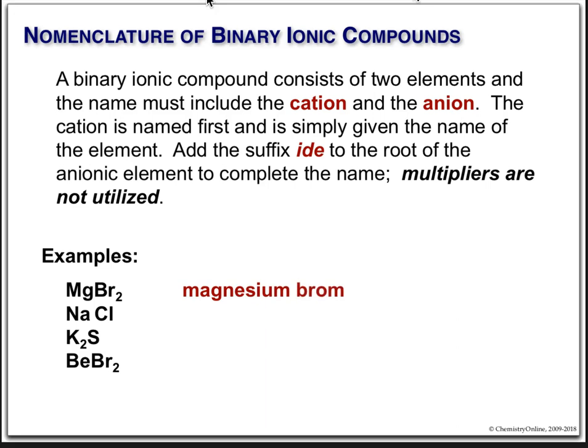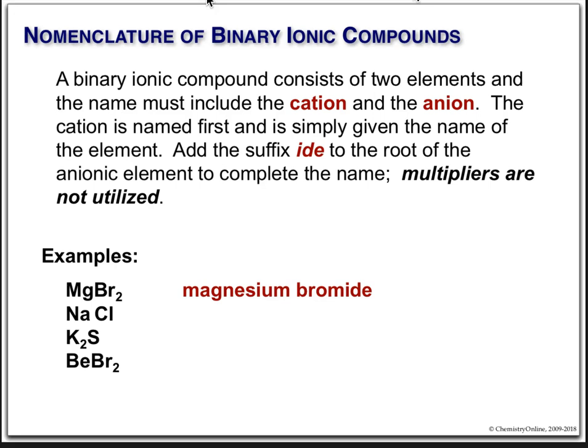To show that it's our second element, we're going to add the suffix IDE to this root. And this becomes magnesium bromide. The first word is just the first element, period. Second word, you get the root and you put IDE on it.